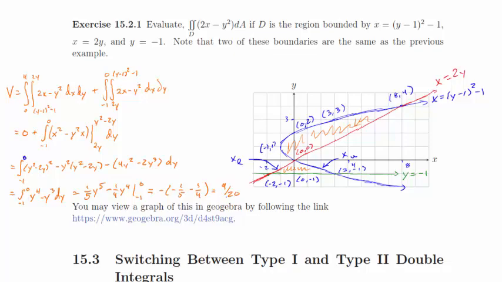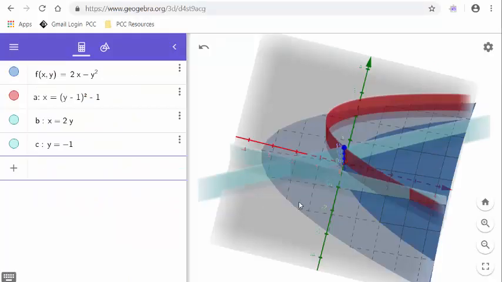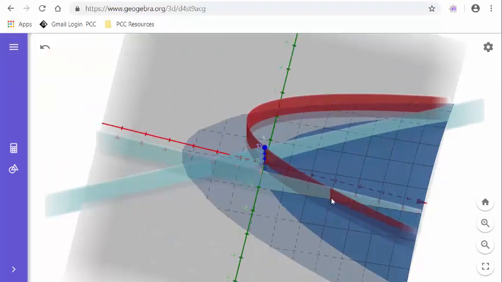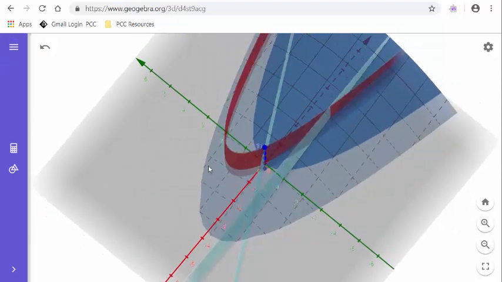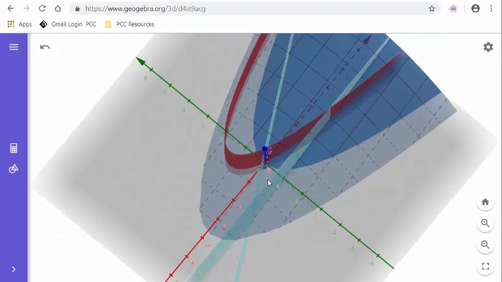And we can go ahead and take a look at the graph here. So when we pull this up in GeoGebra, we see that same volume that we had before, but now we also have this volume between the x equals 2y and the x equals (y minus 1) quantity squared minus 1 parabolas that is between y equals -1 and y is 0, now that we've graphed the plane y equals -1.